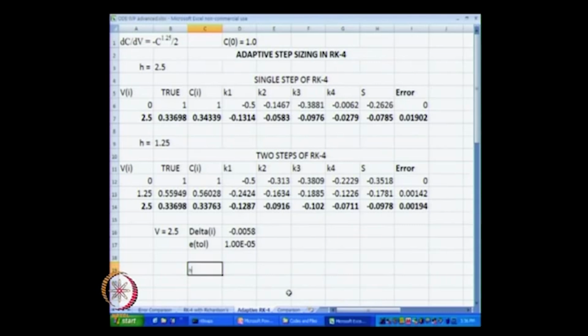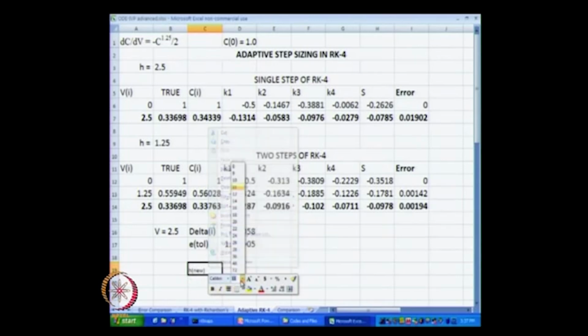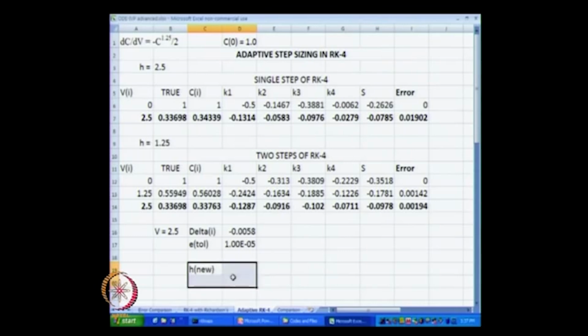Okay. So, h new is what we will compute, and I will just increase the font size over here.